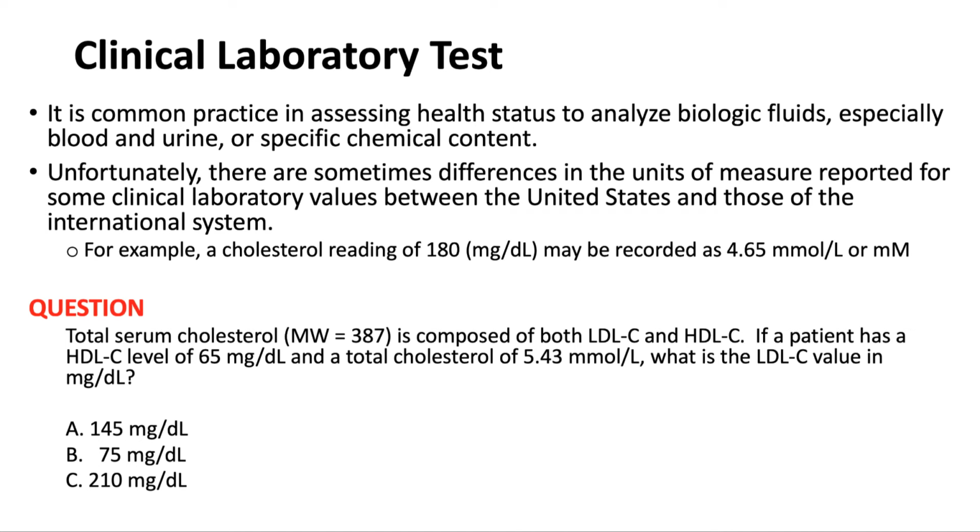It's not difficult, but you've got to do it carefully and commonly. It's not uncommon to have to convert units, especially between European and American values. Oftentimes we have to re-express things, especially glucose and cholesterol. You do it quite a bit.